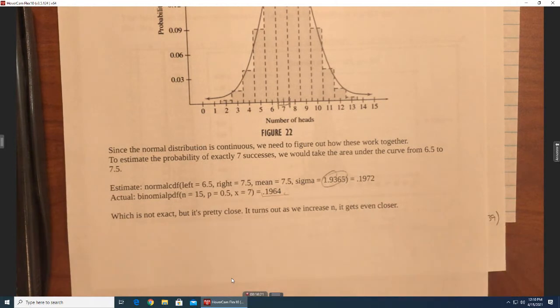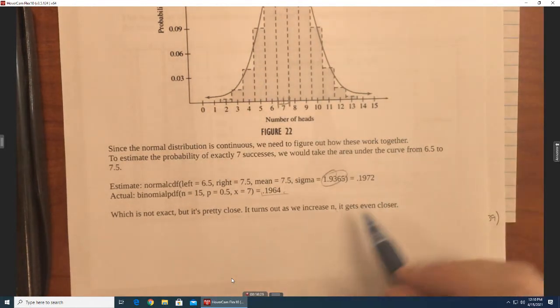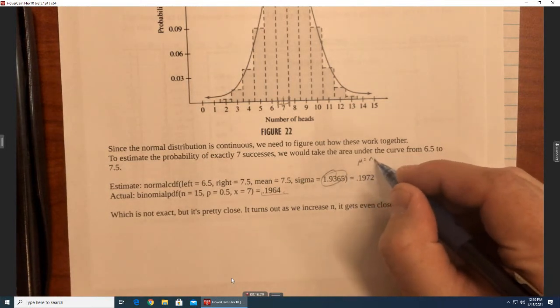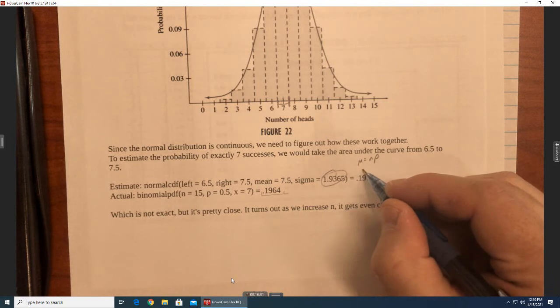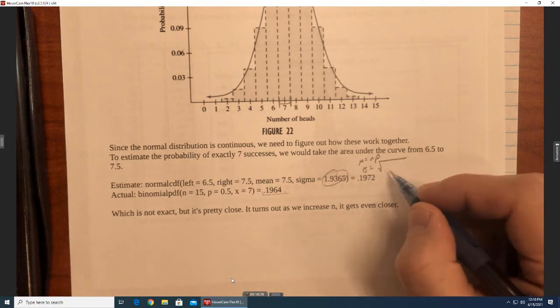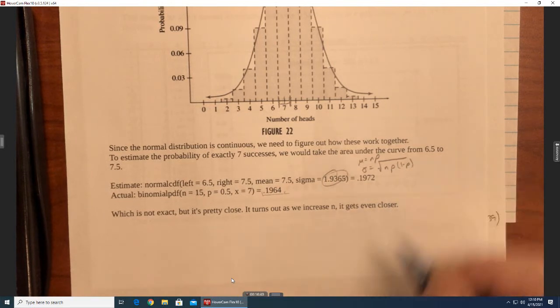Oh, I need to say what the standard deviation is. For this particular curve, your mean is your expected value, which is just n times p, and your standard deviation is a little bit weird: we take the square root of n times p times 1 minus p.